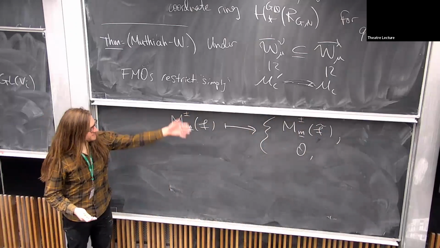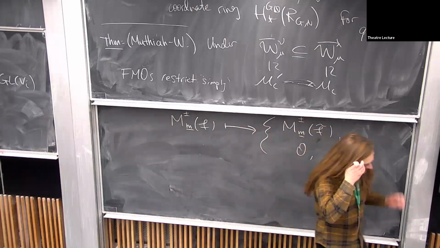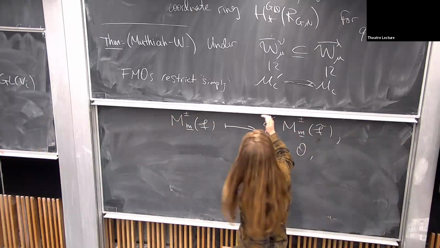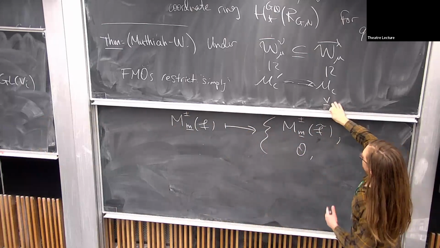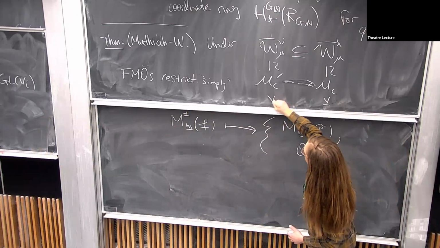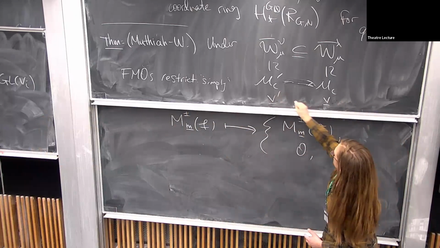That's it. Everything stays the same. And the only real distinction here is, as I mentioned, here you have some gauge groups, some quiver data V and W. Here you have some other data. These ones are going to be smaller.